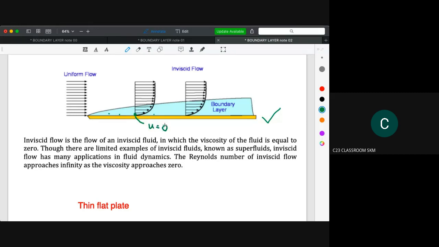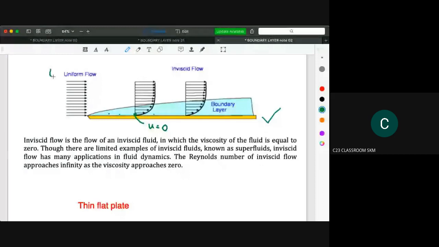Here you need to be very careful, because in the boundary layer chapter we will have two types of the alphabet U. Small u shows the velocity inside the velocity distribution, and capital U is the velocity for uniform flow.